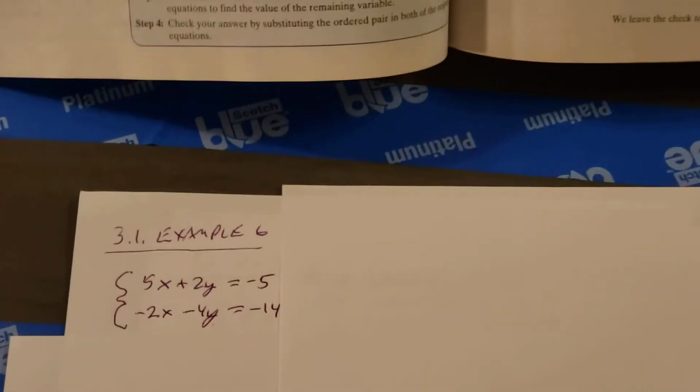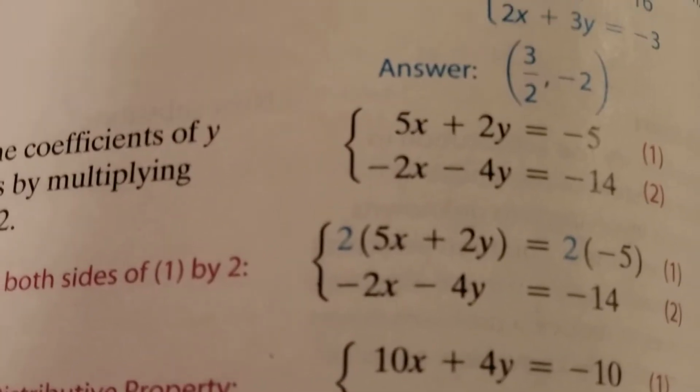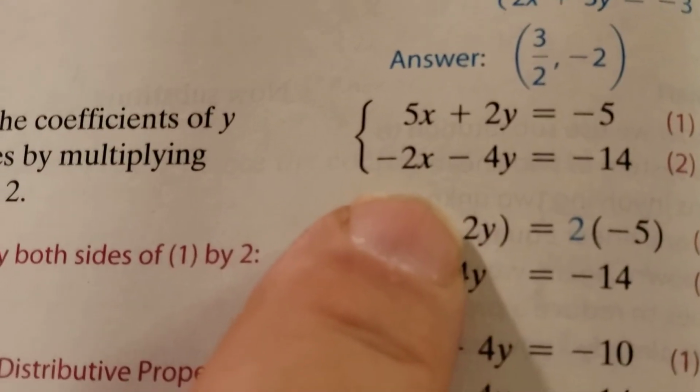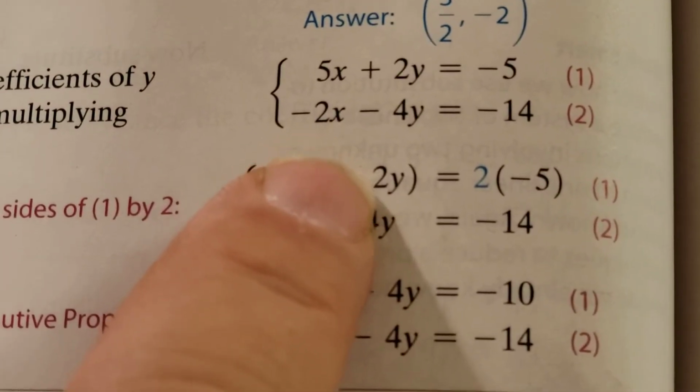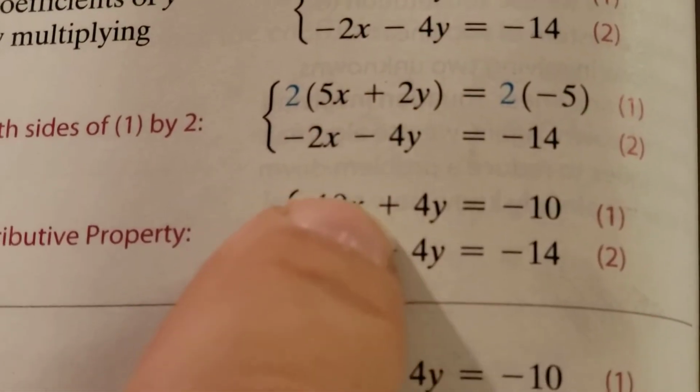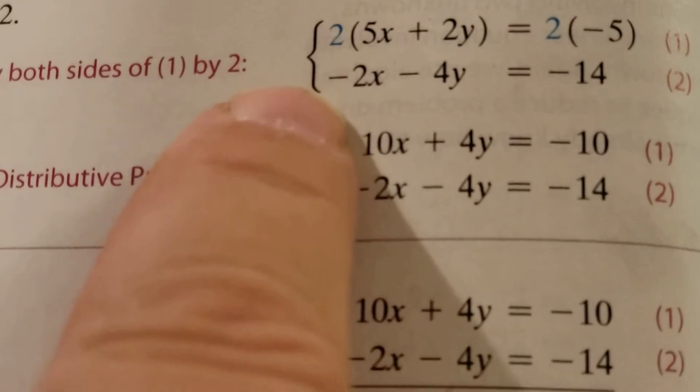What the author does is recopy and improve. So here's the original problem, and the author recopies the whole block, the whole system, and that's the standard way of doing it.